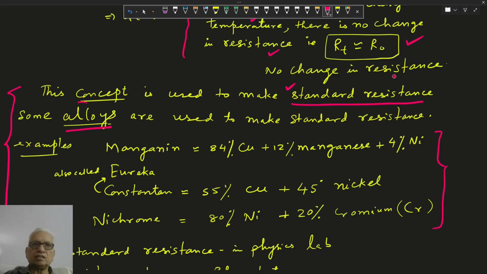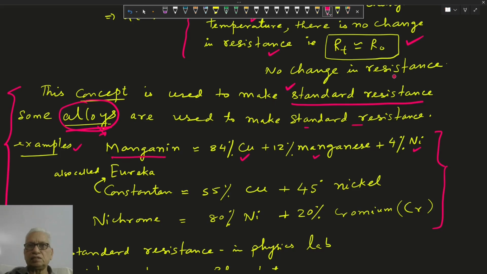There are some alloys used to make the standard resistance, for example manganin, Eureka, constantan, and nichrome. The ingredients of manganin are 84% copper, 12% manganese, and 4% nickel.